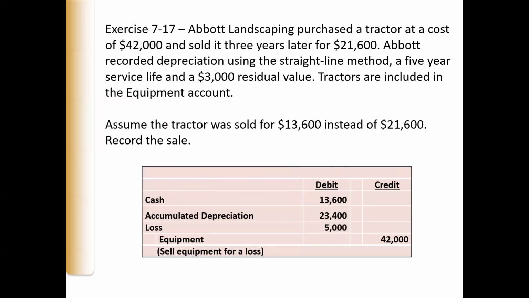Abbott Landscaping purchased a tractor at a cost of 42 and sold it 3 years later for 21,600. What if instead the tractor was sold for 13,600 instead of 21,600?